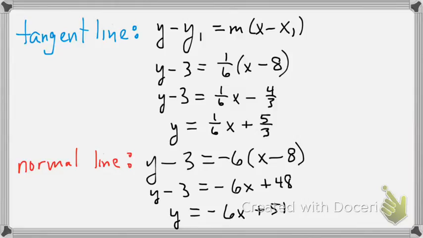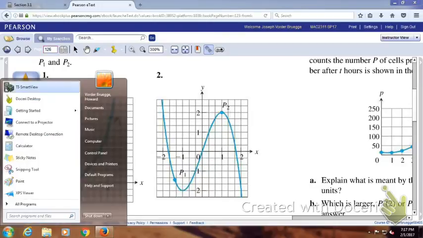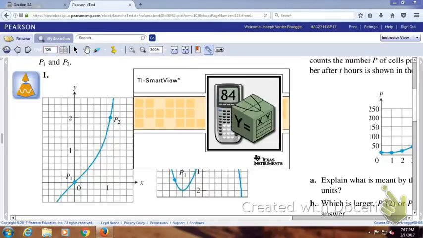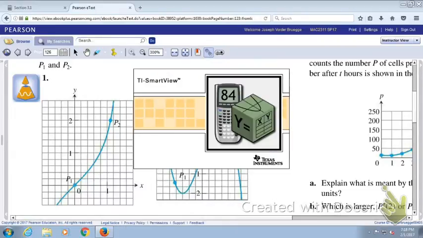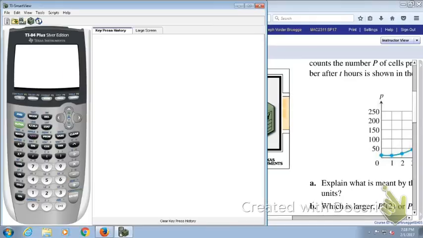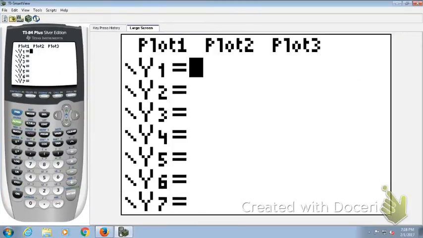Now why don't we just graph what we've done so we can visually see what it is that we have actually accomplished. I'll go to y equals, and I'll plug in the function itself, which was square root of x plus 1.